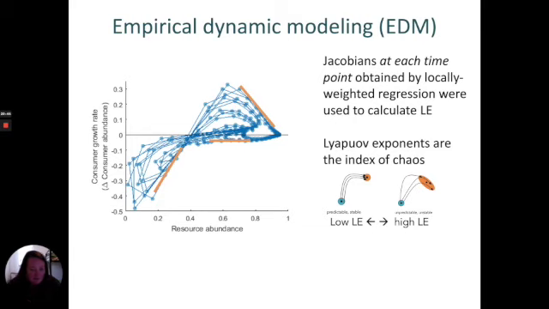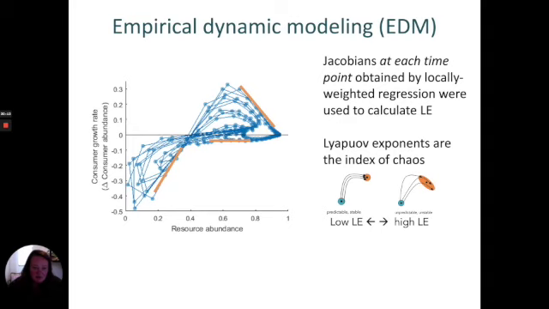So a low LE, as I'm going to call them, is indicative of something that is very predictable and stable, and something that is high is less predictable. And a system is deemed chaotic when the scaled LE is above 0.